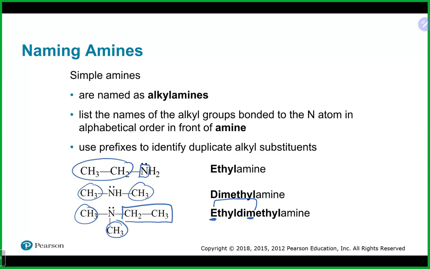And so on this you don't. Because the idea here is we're basically naming the groups that are attached to nitrogen. So we usually will use numbers only when things are attached to a big carbon chain. So here, because they're attached to nitrogen, we actually don't use numbers, and it's just assumed where they're attached based on the amine part of it.